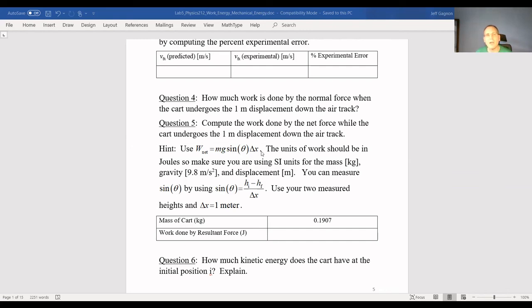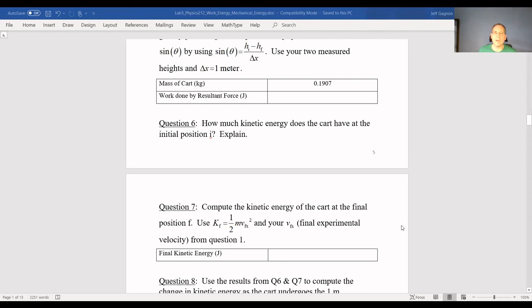Cosine of 0 is 1. So it's simply going to be mg sine theta times delta x. And instead of trying to figure out the angle, it's too hard to measure the angle. We can just use the fact that sine theta is h initial minus h final over delta x. Okay, so from that, you should be able to compute the net work, right? That'll be in joules.